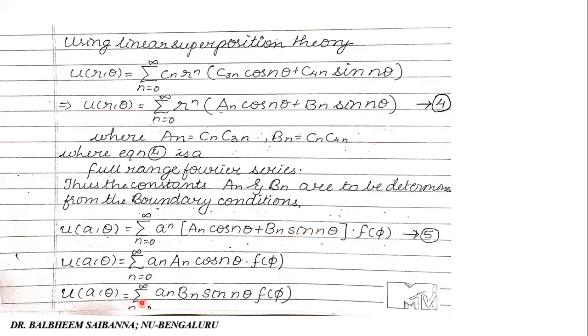U of a comma theta is equal to summation n equals 0 to infinity bn sin n theta, f of pi. We are separating the two solutions. So from equation 5, we have two solutions, one half and the other half.